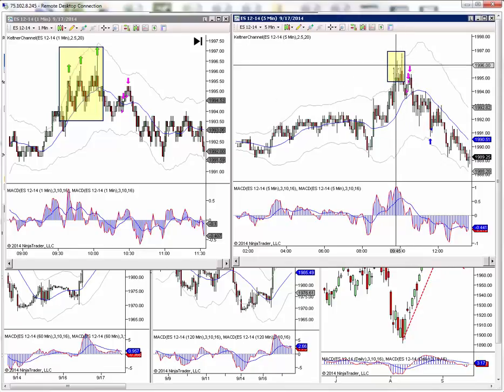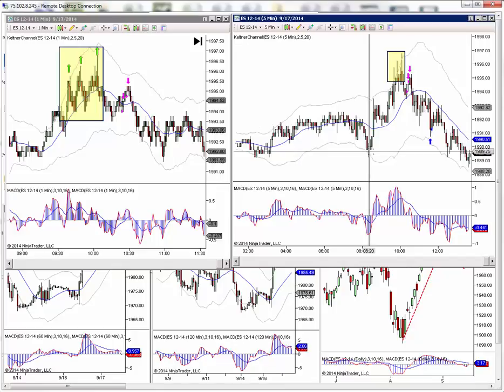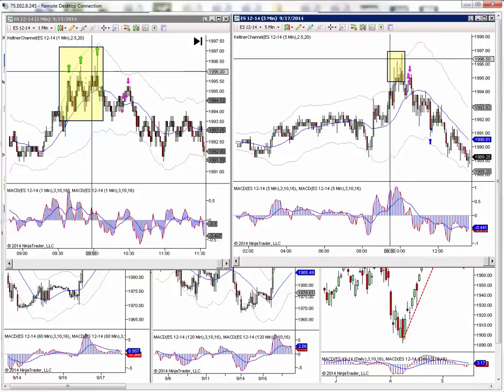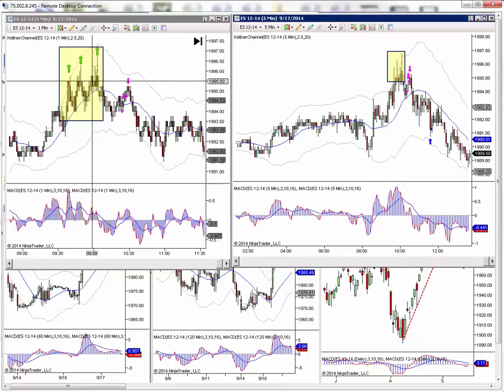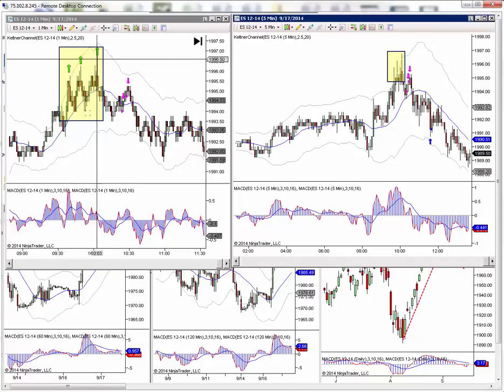So that shows that the market is getting extended. We tested down below to the lower Keltner, came all the way up, and then tested up here. What it ended up doing was doing 1, 2, 3 drives. So typically when you get 3 little drives, it ends a move.